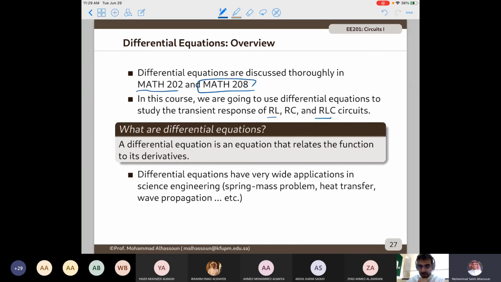So what do we mean by differential equation? A differential equation is an equation that relates a function to its derivative.